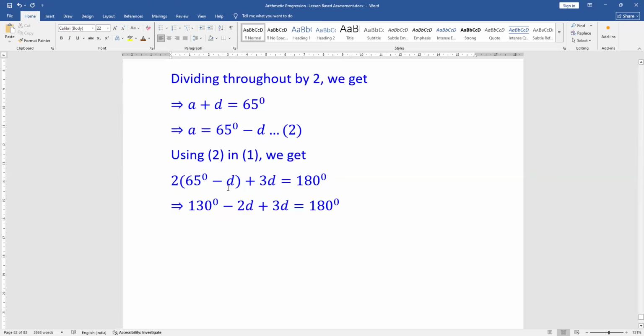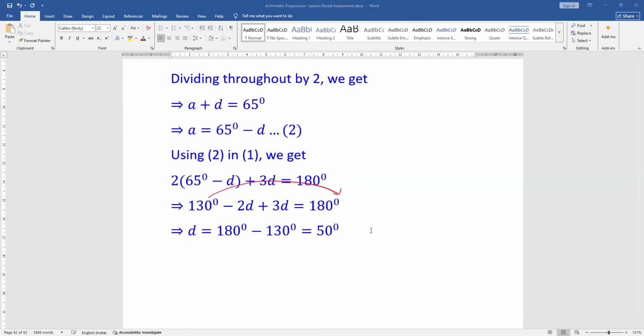So now I'm going to transpose this 130 degree to the other side, and 3D minus 2D will give you D. Okay, so let me write that D equals 180 degree minus 130 degree. Now 180 minus 130 is nothing but 50 degree. So it's equal to 50 degree. Now you got D as 50 degree.